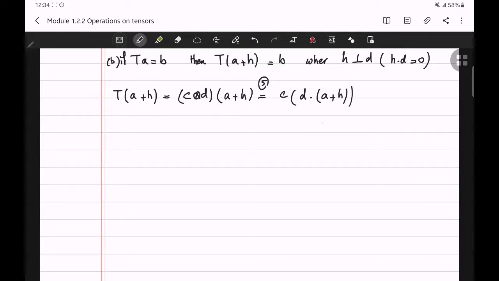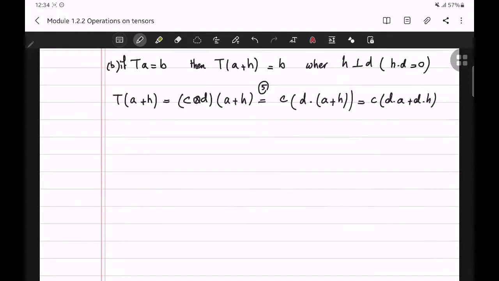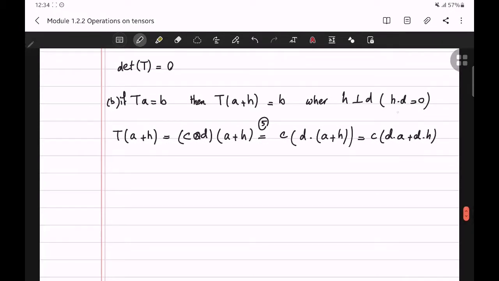So we convert it into this. I can write this as C (D dot A) plus (D dot h). And from this assumption, which I call the black square, D dot h is equal to 0. So I can write this as C (D dot A).